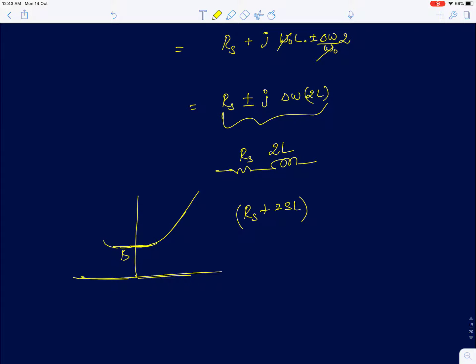This is for negative frequencies, omega less than 0, and omega greater than 0. At low frequencies it's going to be Rs, and we are interested at the zero, which is at Rs by 2L at that frequency, and minus Rs by 2L. The impedance is going to be root 2 Rs.